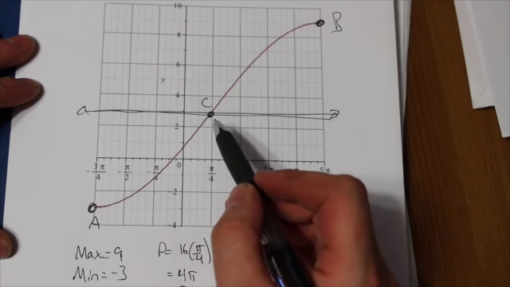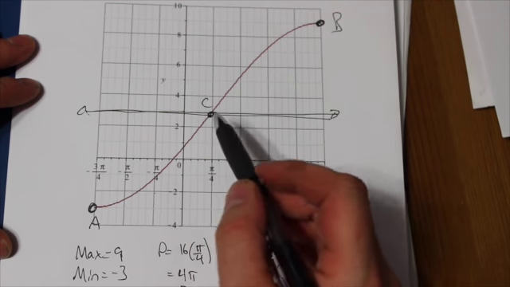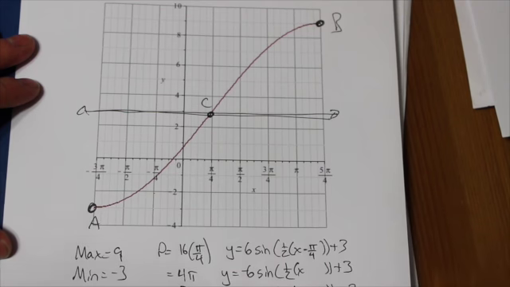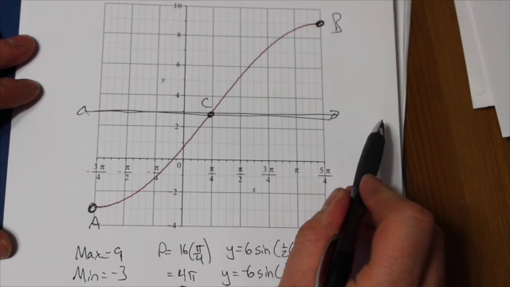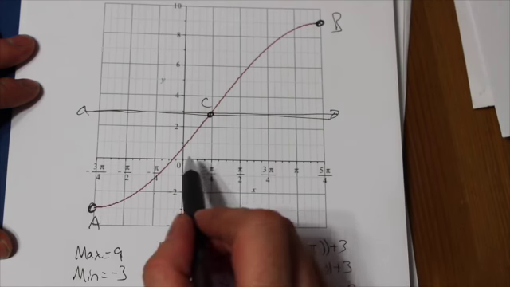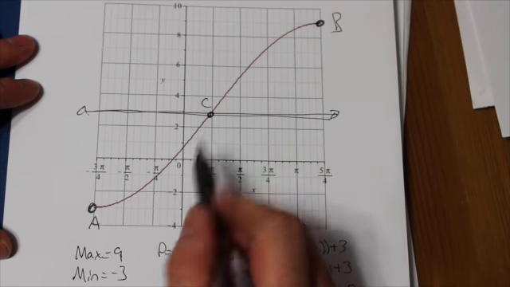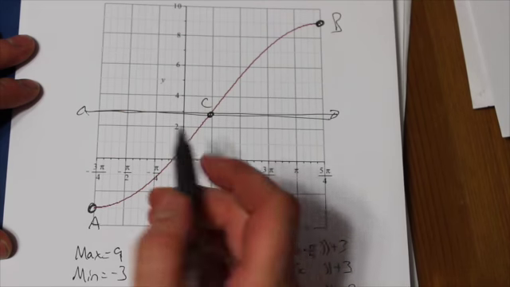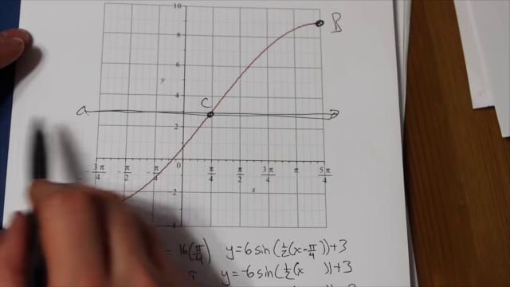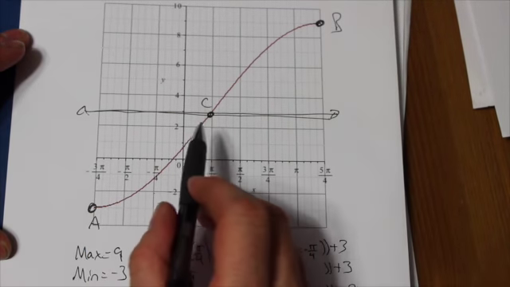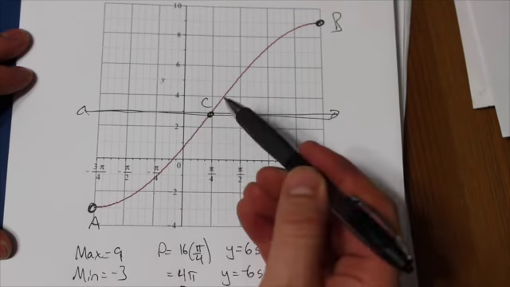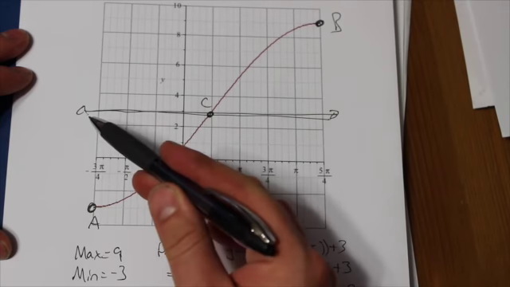A full period was 4 pi, so I'm going to have to go either 2 pi forward or 2 pi backward. Notice I'm pi over 4 to the right, which means this one over here is going to be slightly closer to the y-axis than this one over here. So I'm going to start from here and go a half period back.